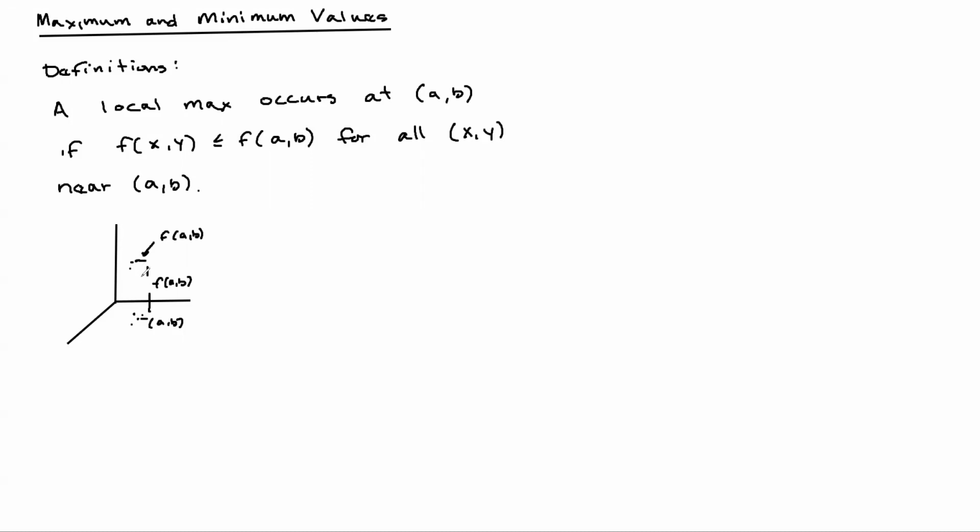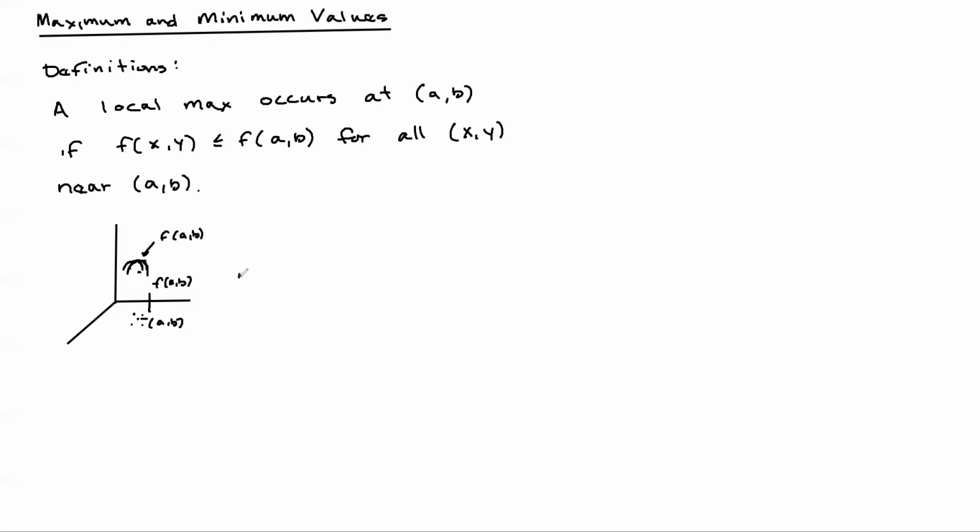If you pick a point here, then that's going to produce an output that's smaller, and so on. If you pick points that are all around (a, b) and plug them in, you're going to get smaller outputs. And so if you think about what shape that would form, it would form a shape that looks kind of like this. You're going to get like a little mountain peak. It's a little difficult to draw there, but get the idea.